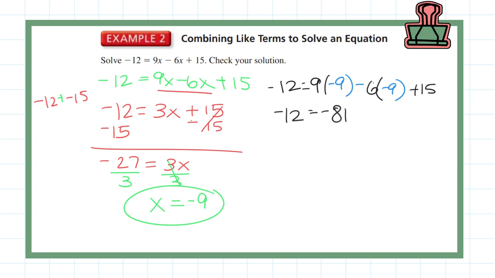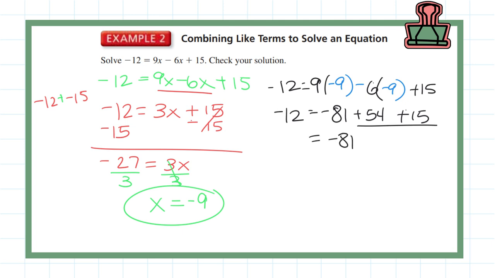And a negative 6 times negative 9 gives us positive 54, plus 15. Now here we could combine. I like to combine these two first so it looks easier.